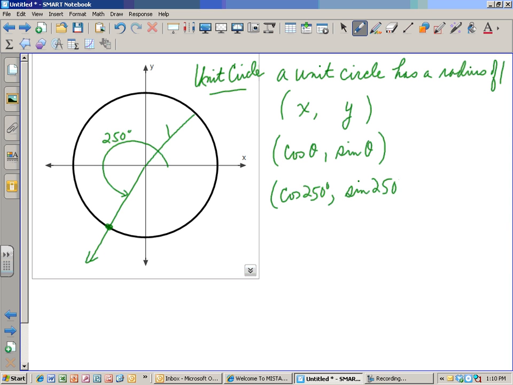If you put that in your calculator, what is the cosine of 250? Negative 0.34. And sine of 250, I know it's negative, 0.94. Yep, I know it's negative because I'm in the third quadrant, and sine and cosine are both negative in the third quadrant. And if you look at this point here, of course, it's a negative and a negative.